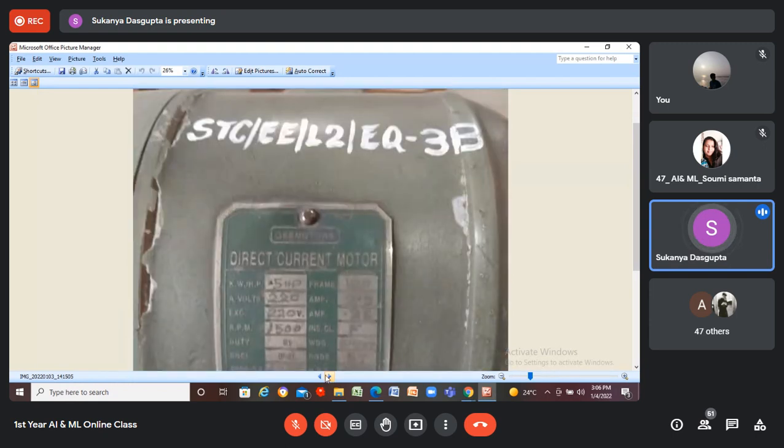This is the nameplate of the DC motor, shunt type separately excited DC motor that you will use for today's experiment. It's a 0.5 horsepower direct current motor where the input voltage can be of maximum 220 volt. This is the rating of the field current, 0.25 ampere.